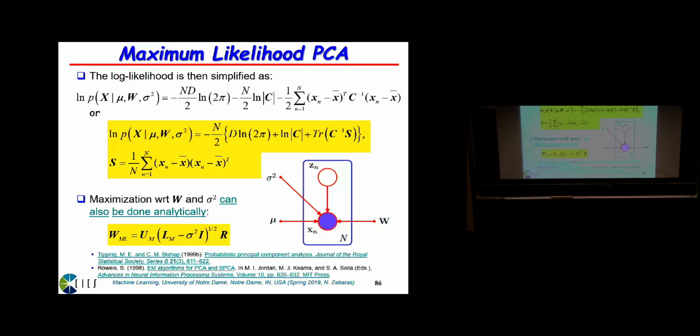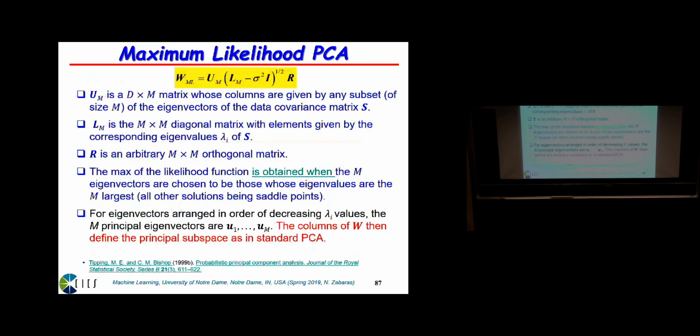So I'm going to give you what the results look like. First, W comes to be U times (L minus sigma square I) to the power 1/2 times a rotation R. The rotation is arbitrary, so not surprising there. L is an m by m diagonal matrix that involves the eigenvalues of the sample covariance matrix. So basically, things here are scaled with this factor, lambda i minus sigma square.